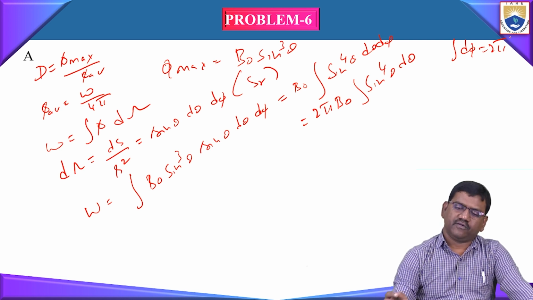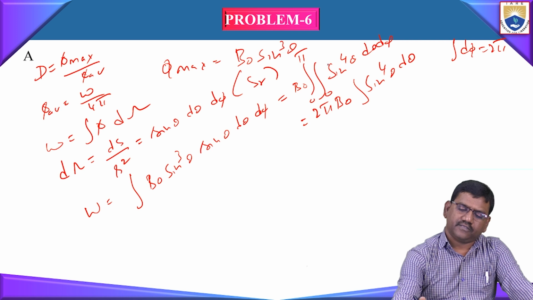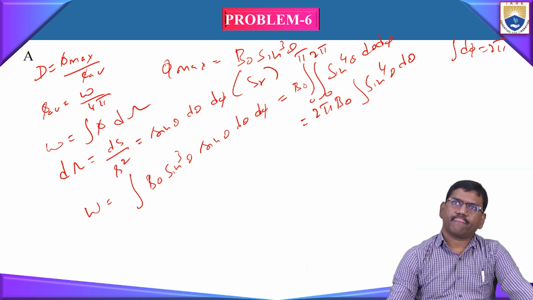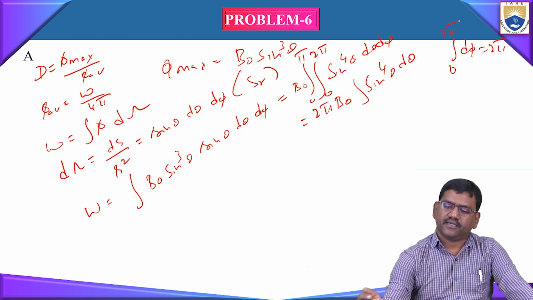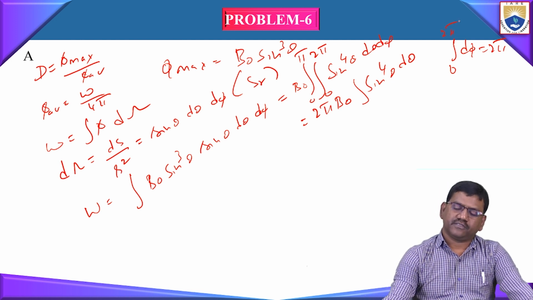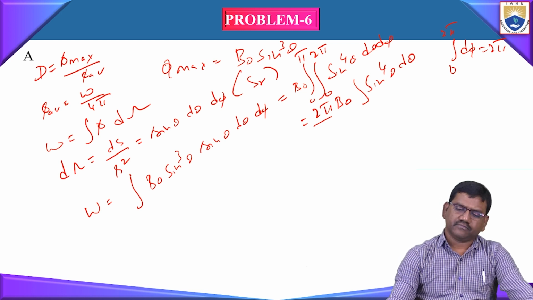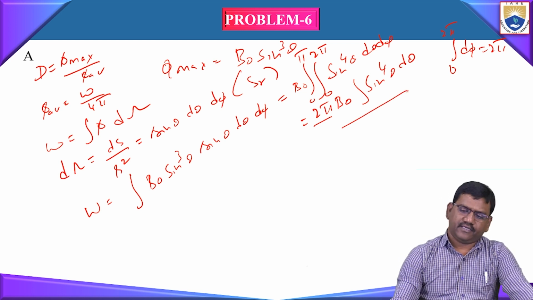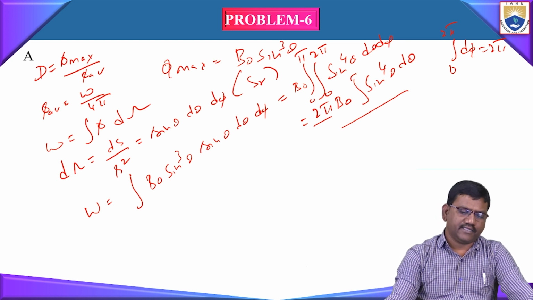We are going to integrate with the limits of 0 to pi for theta and 0 to 2 pi for phi. So integration of 0 to 2 pi d phi is equal to 2 pi. So hence we got the value of 2 pi here. So if you simplify this, you need to find out the value of integration of sine power 4 theta d theta.